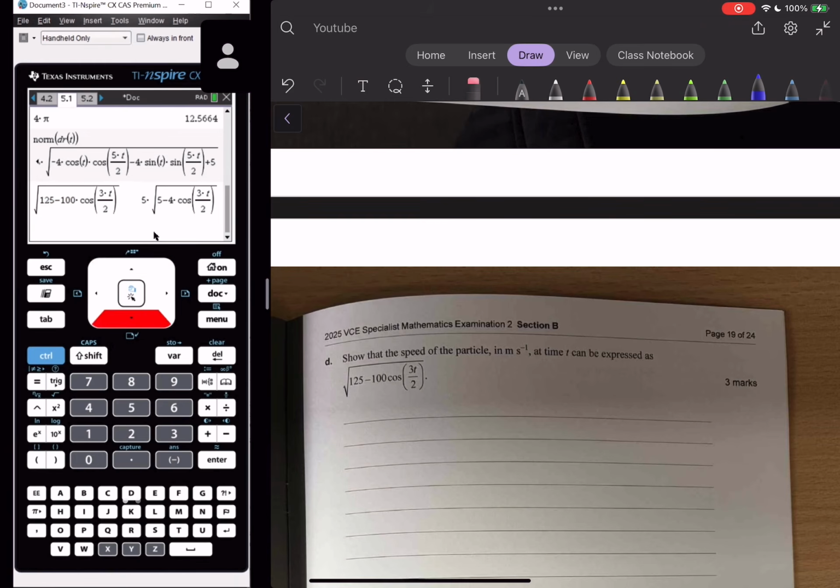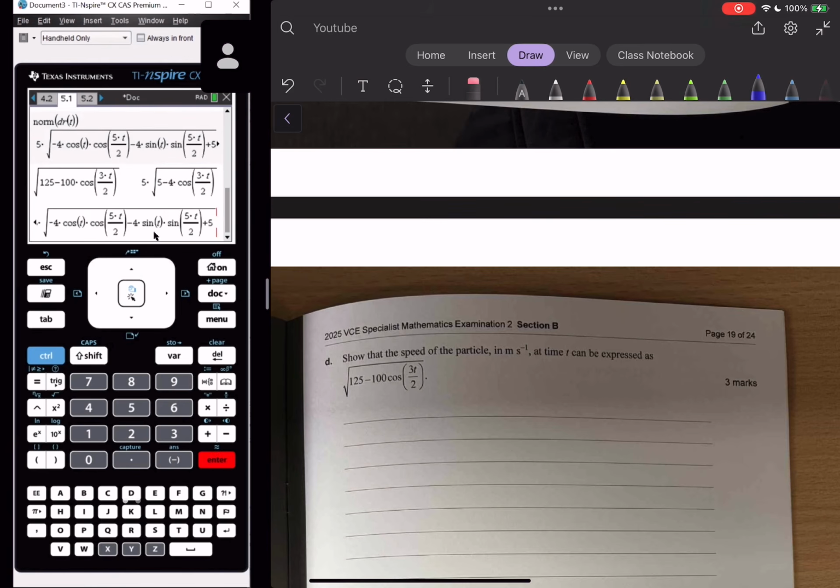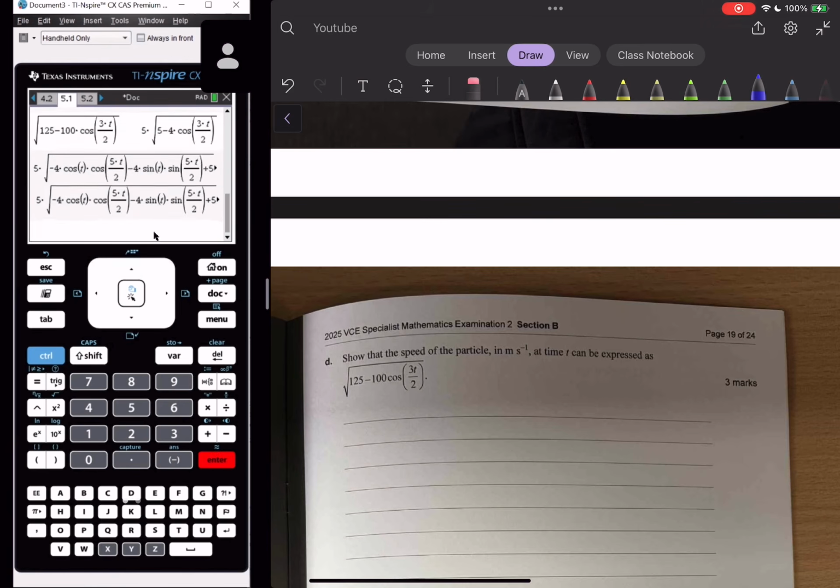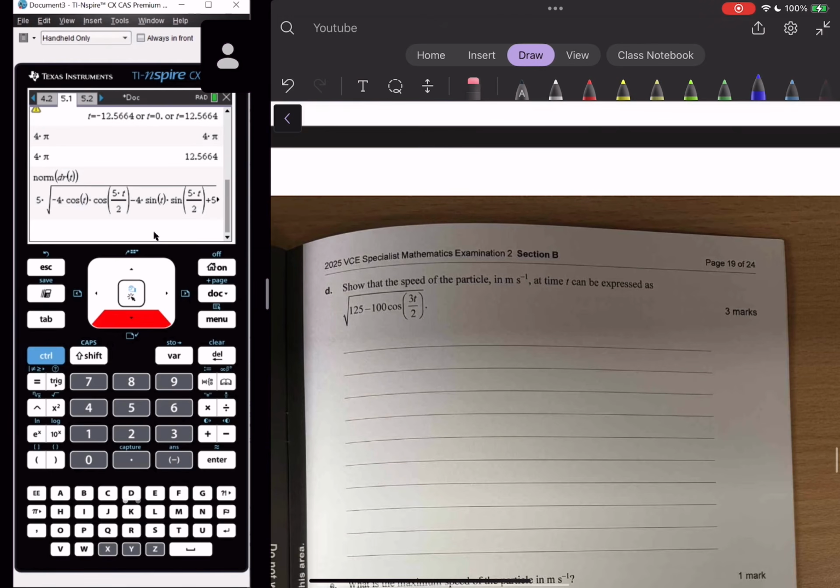Doesn't? Not quite. What if I do this and then minus this? Do I get 0? I don't. Is my r prime of t wrong then? Let's try that again. It was square root of 125 minus 100 cosine of 3t on 2.